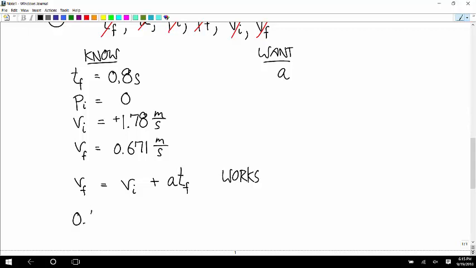So it says 0.671 meters per second is equal to 1.78 meters per second plus 0.8 seconds times A.